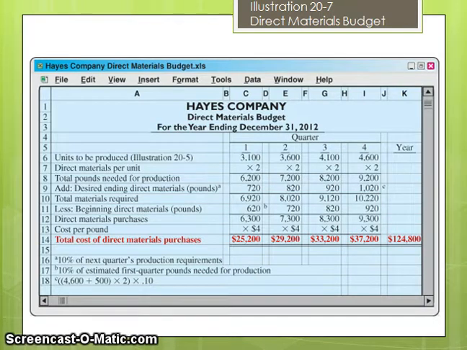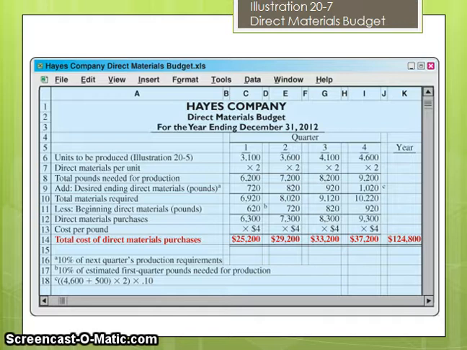But also, just like we did with the production budget, what if I had beginning inventory? Well, I don't need to buy those. I already have them in. So we want to subtract that out. Instead of ordering 6,920 pounds, I can subtract the 620 we started with in the first quarter. Now I only need to order 6,300 pounds for our direct materials.